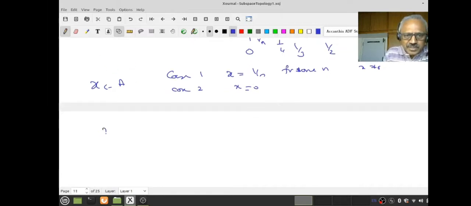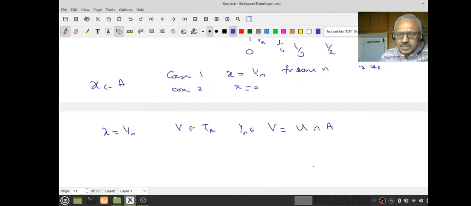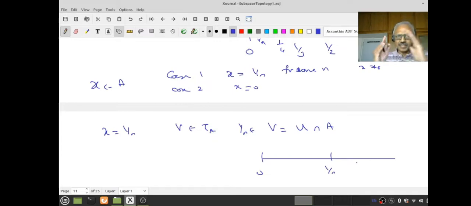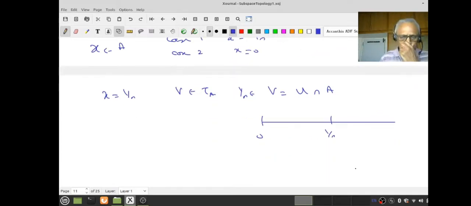Now suppose x equals 1/n, and suppose V belongs to tau A, therefore V is U intersection A and 1/n belongs to this. I'm just magnifying. This is my 0, this is 1/n, and 1 is far away because I have magnified it. Now what are the typical open sets containing 1/n?